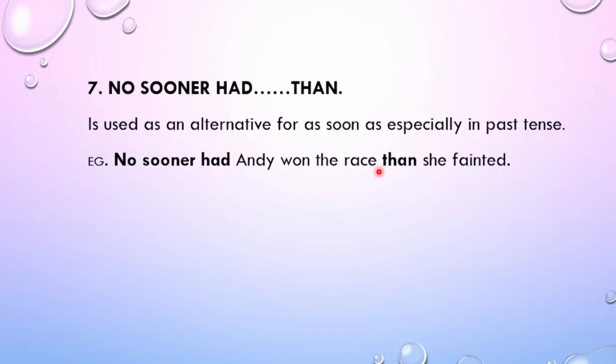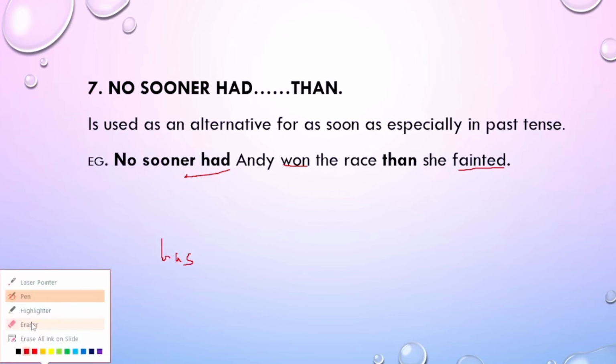So you just say no sooner had Andy won the race than she fainted. As you can see, the verbs here are past tenses. Won is past tense, fainted is past tense. So we use no sooner had because had is past tense of has. So we use no sooner especially for past tense. I hope we are together.